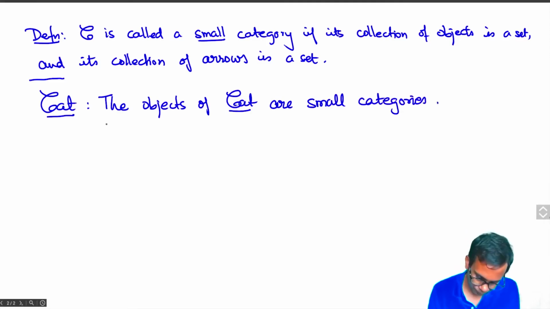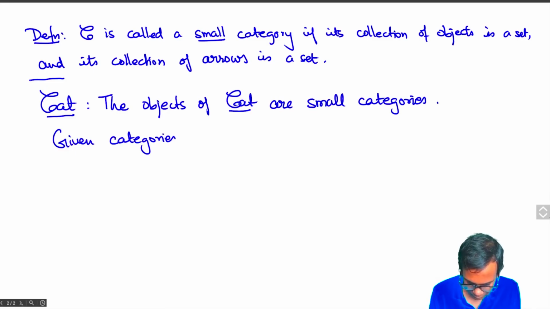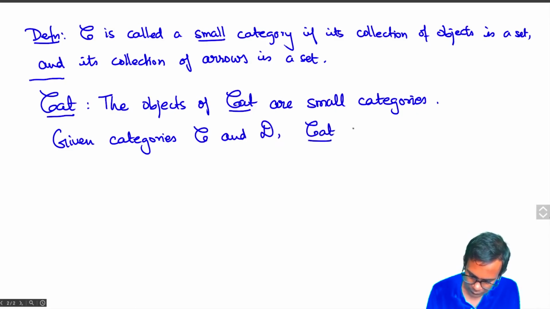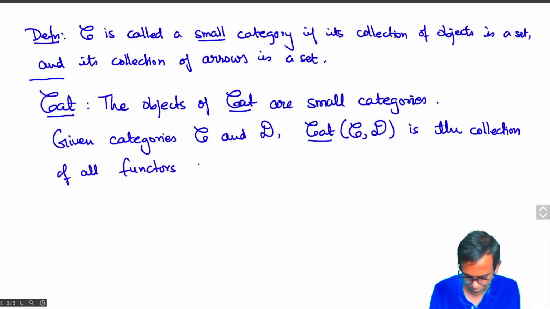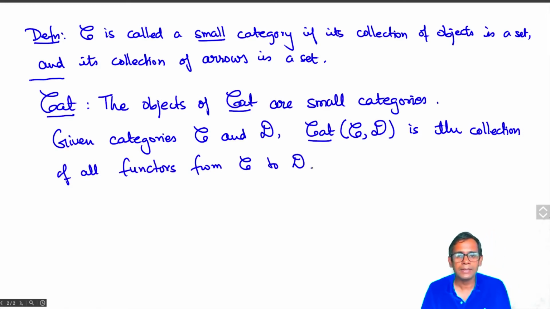And the arrows: given categories C and D, the arrows from C to D are the collection of all functors from C to D. As we've observed, there is an identity functor from each category to itself, and also we can compose functors.